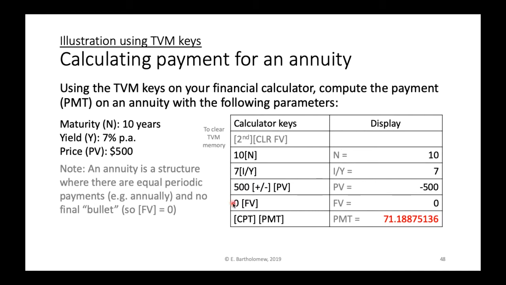Remember to put 0 as future value if that was left as 100. That's why it's important to clear, as you might have left 100 in there, and that would have given you an error. So that should be 0, and then you hit compute payment. The compute payment is going to give you this result here, which, if we were rounding to cents, would say you should expect to receive $71.19 per year for 10 years in return for a payment of $500 if the appropriate yield were 7%.